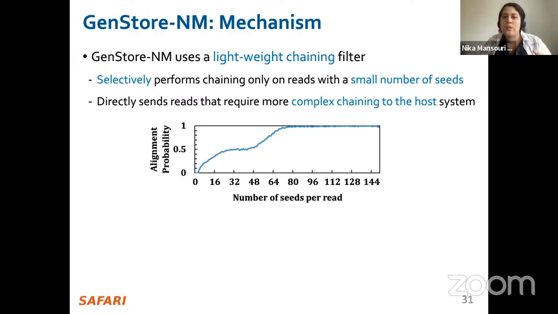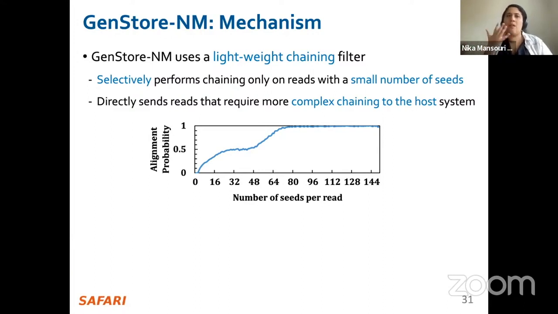This figure shows the alignment probability of a read in a long read data set to subsequences in a reference genome. The vertical axis shows the alignment probability, as a function of the number of seeds per read.